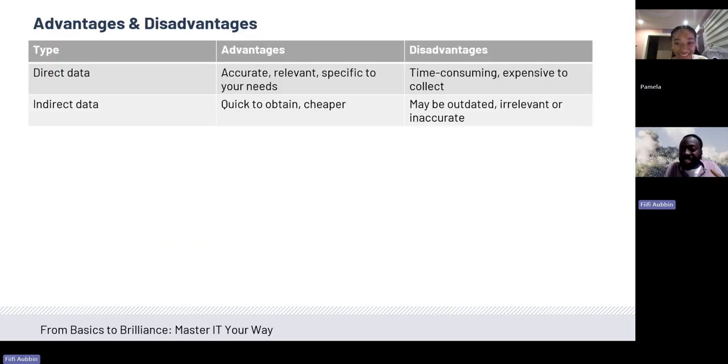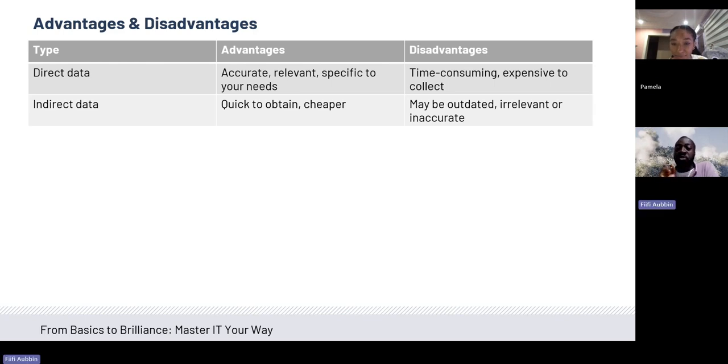Now let's look at the advantages and disadvantages of direct and indirect data. With direct data, because you went to look for it, it is accurate, relevant, and specific to your needs.